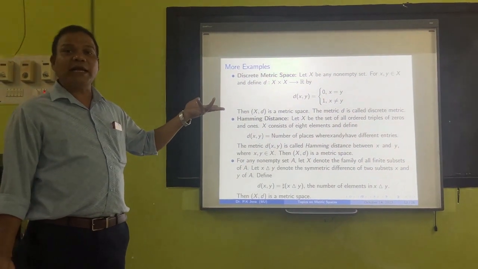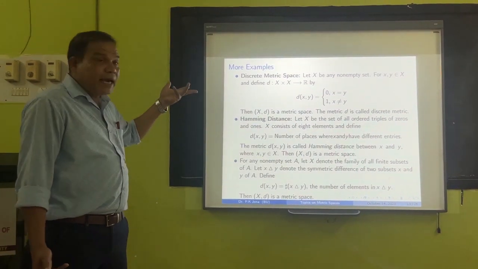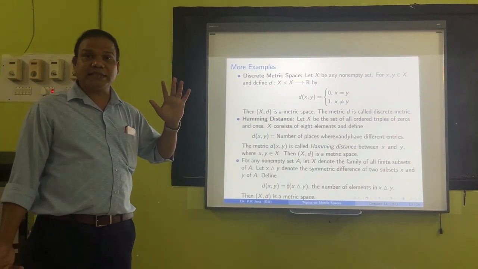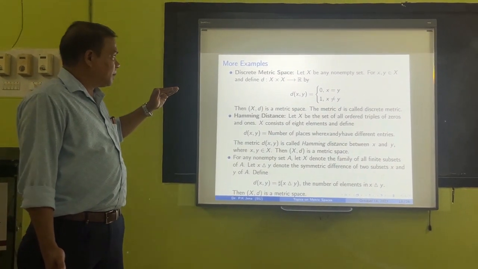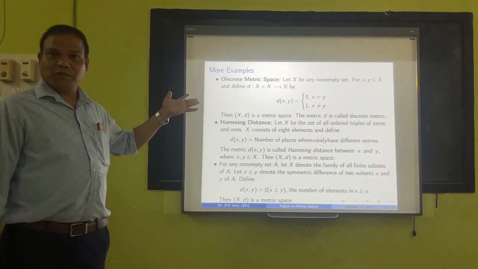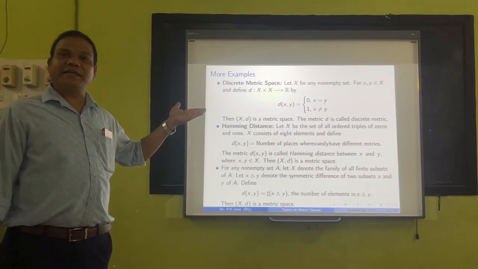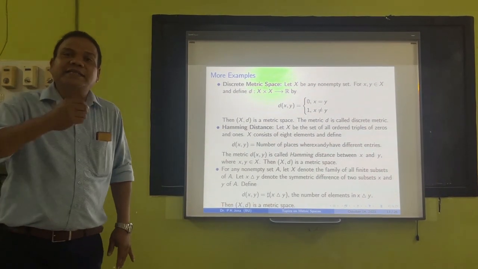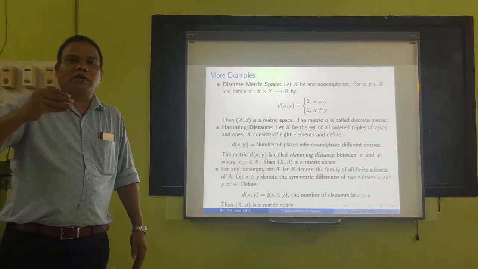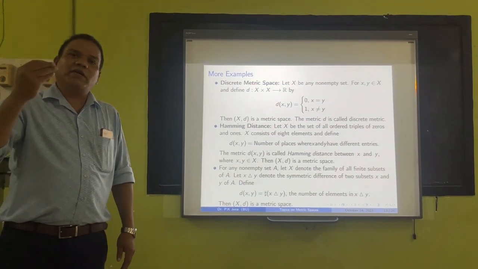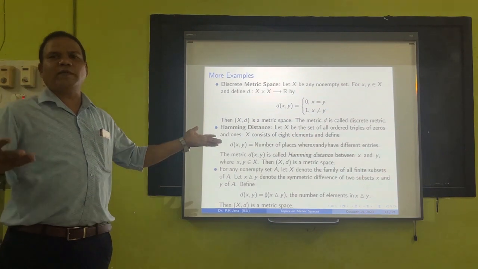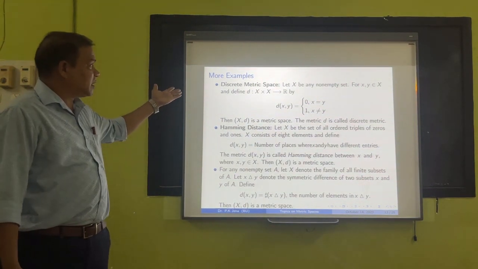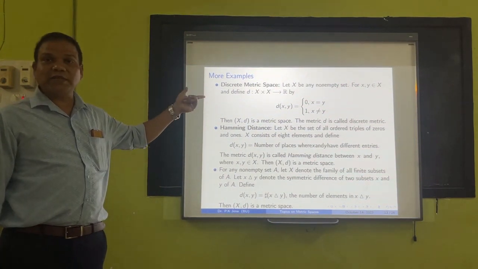Here small x and small y are elements of X. What about the capital X? Capital X may be any non-empty set. We do not have any restriction here. So blindly you can define the discrete metric on any set. Suppose you are not able to define a metric on a non-empty set; define a discrete metric. It is easy to define, and you can easily check whether it satisfies all 4 properties.